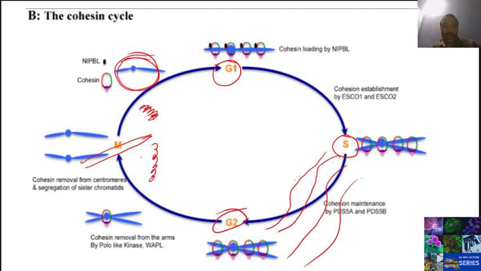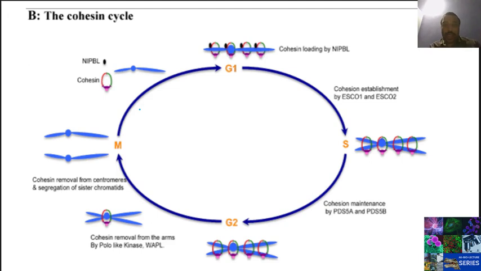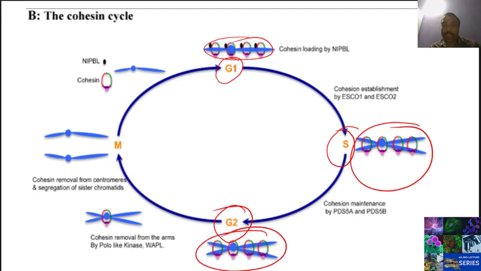First, in G1 phase, one chromosome with one chromatid is present. In the S and G2 phase, one chromosome with two chromatids is present, and then in M phase, two chromosomes and two chromatids can be seen depending on the stage in M phase.